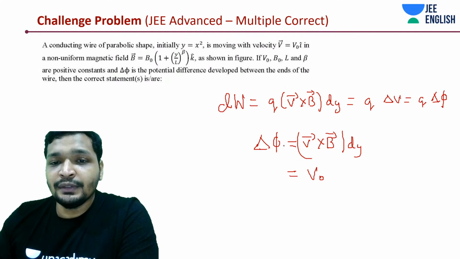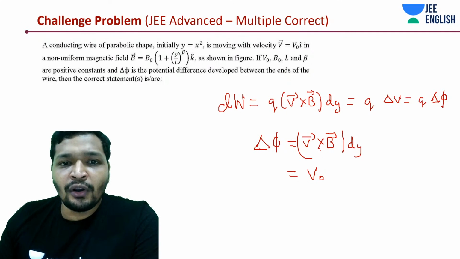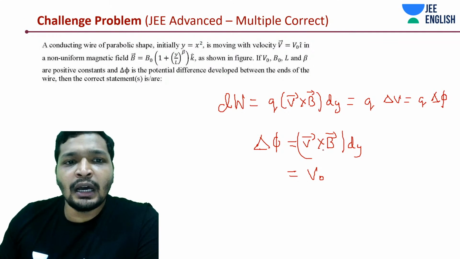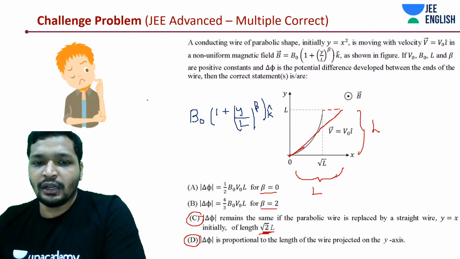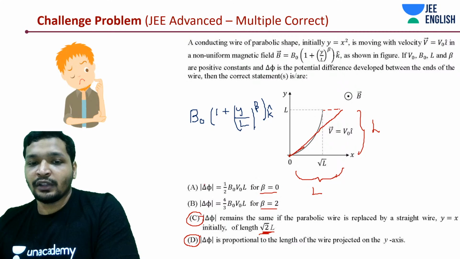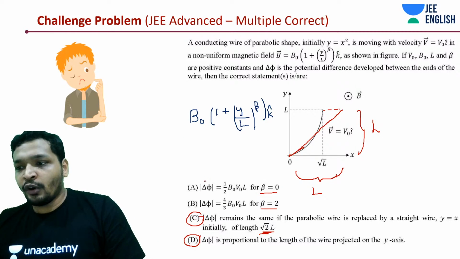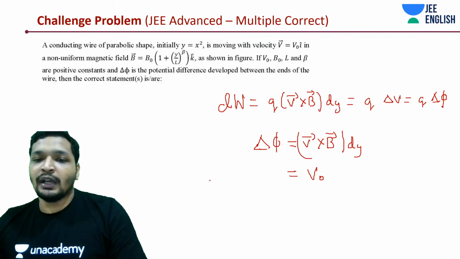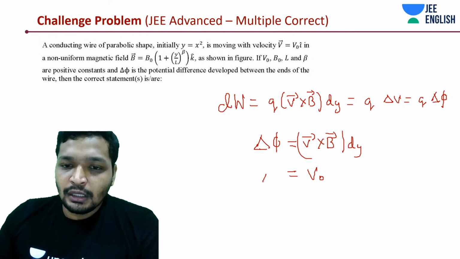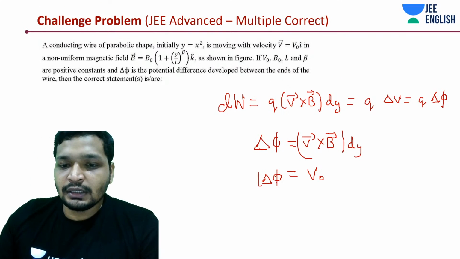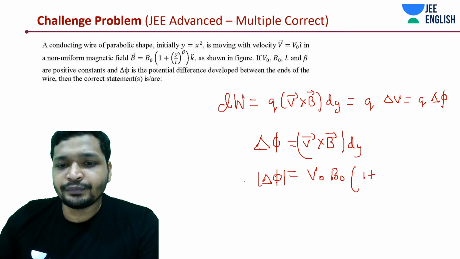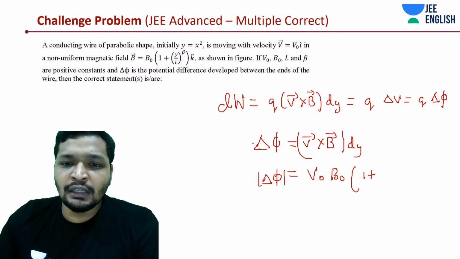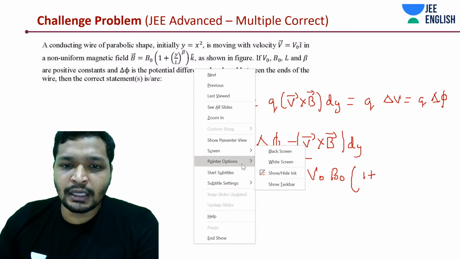So it's V naught i cap cross k cap, and only the mod of delta is given in the question, so I'm going to remove all this i cap, j cap things. So it's V naught into B naught, 1 plus, this is d, basically, it's not delta, it would be d.